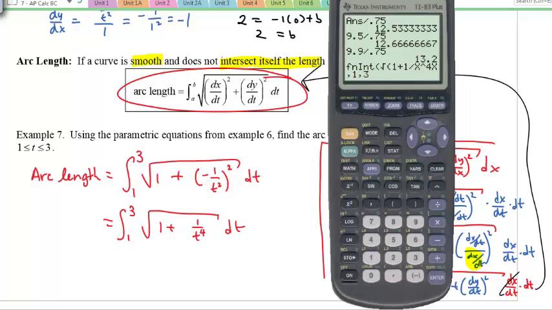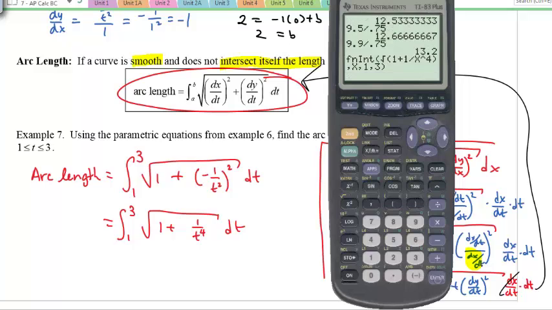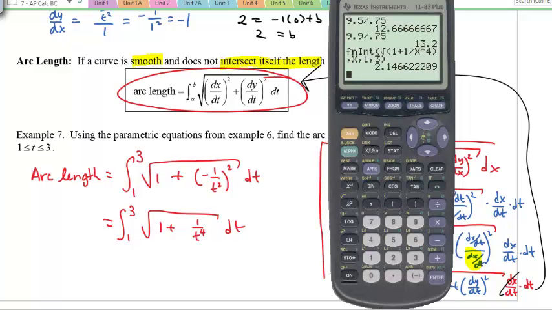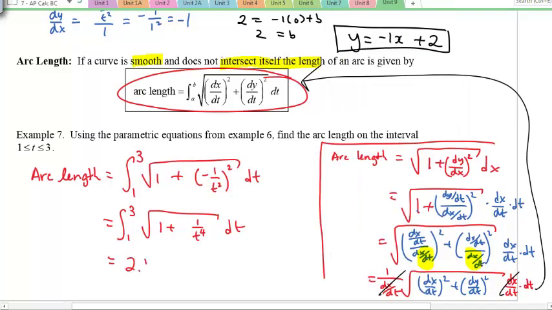I think I forgot a bracket. Close the bracket, comma, there we go. 2.1466. Remember 3 decimal places on the AP exam, so how about 2.147 units long.